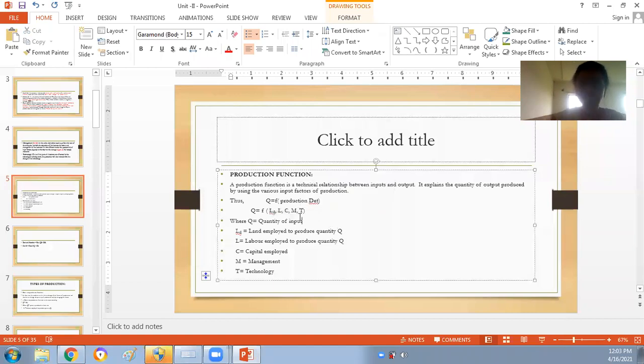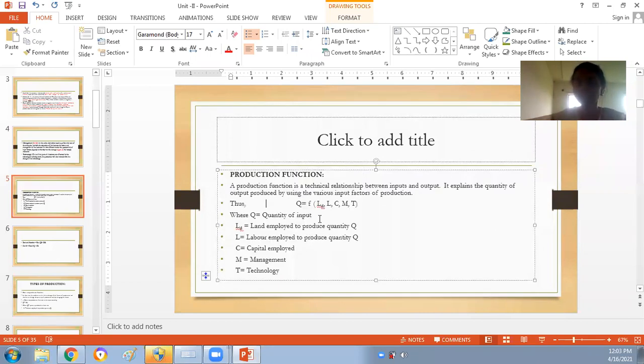As we discussed yesterday, production determinants, factors of production, and elements of production are all the same. So when we analyze how these input factors change and how the output ultimately changes, such a relation we call the production function. Land, labor, capital, management, and technology.